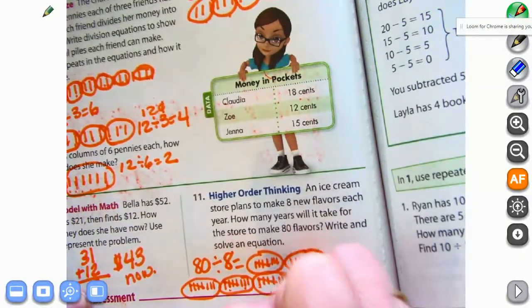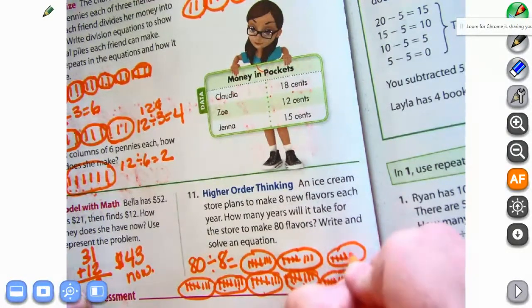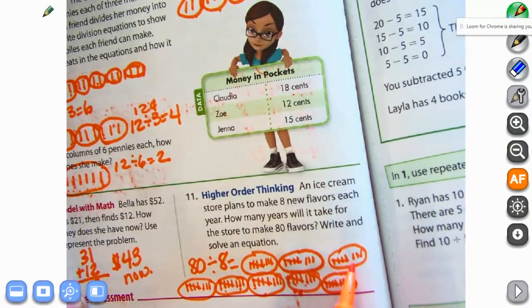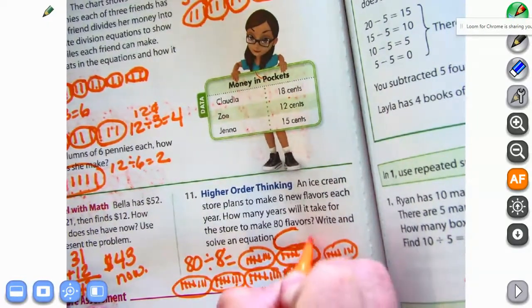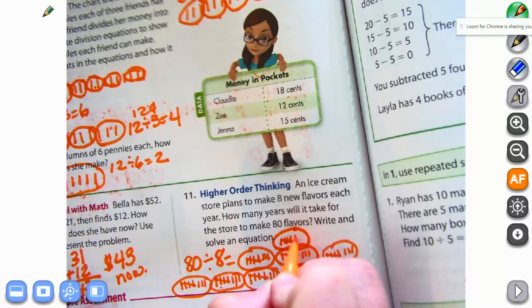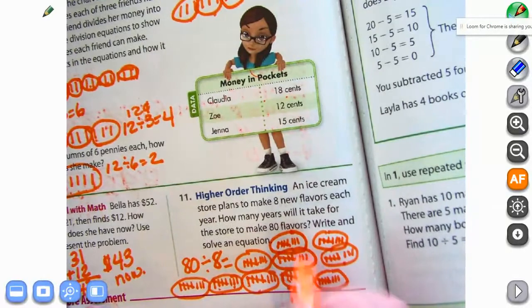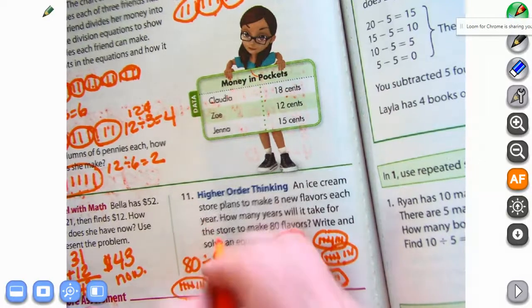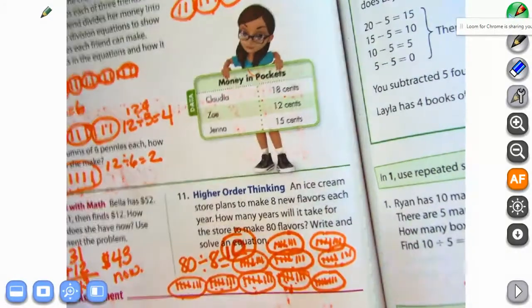More groups, so we have 56, 64, then 72 and 80. So there's 1, 2, 3, 4, 5, 6, 7, 8, 9, 10. We would need 10 years to get there.